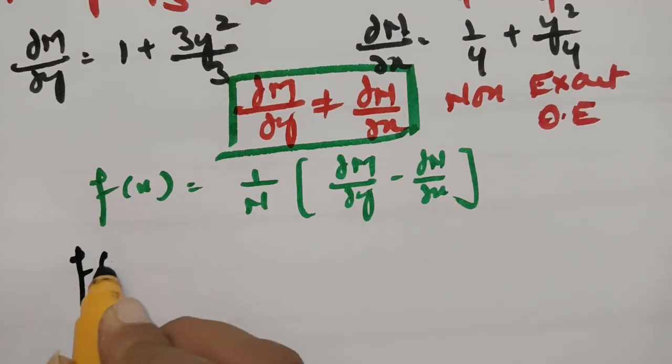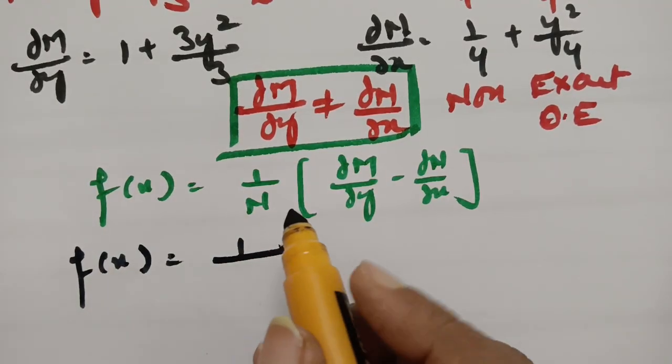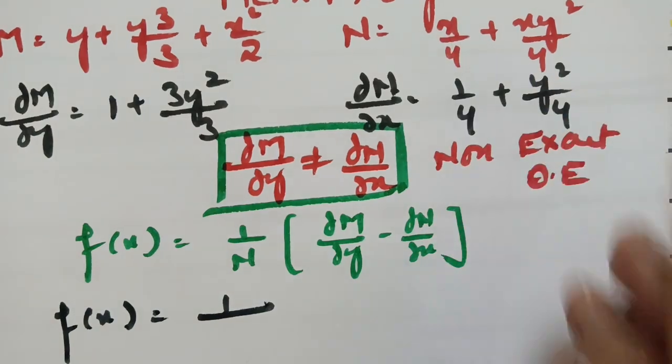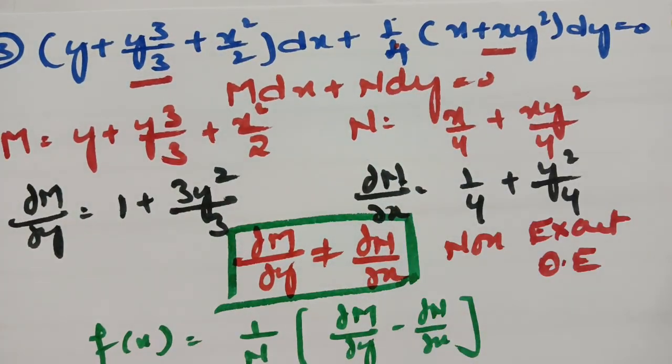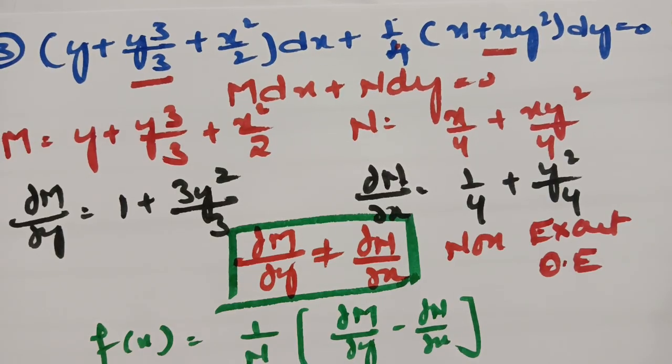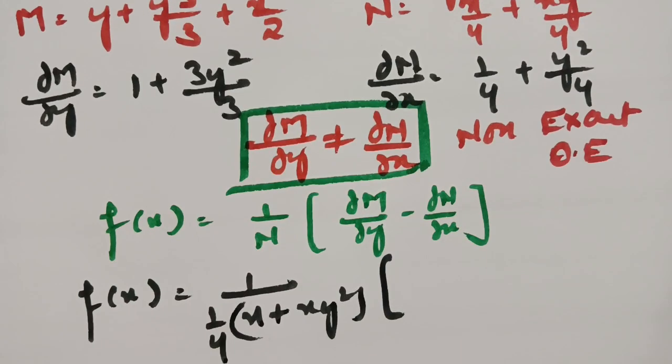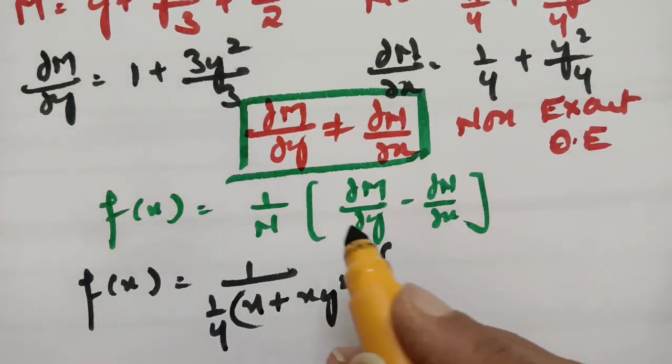If I substitute all the values in the formula, what is n here? n is nothing but x/4. So this is 1/(x/4) times (1/4)(x + xy²)... clear? And what is ∂m/∂y? Here the ∂m/∂y value is this one.